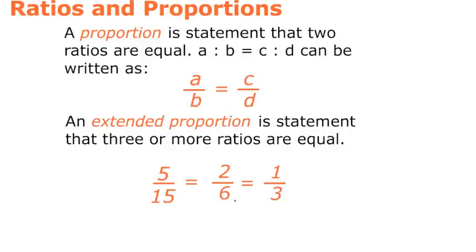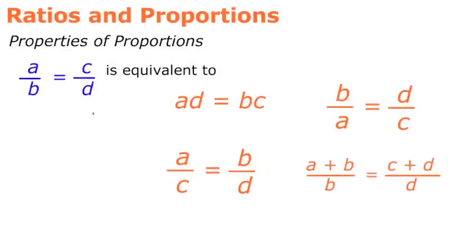So let's take a look at some more ideas and terminology related to proportions. Now that we've defined proportions, we can take a look at the properties of proportions. Here, given the proportion A over B is equal to C over D, we can conclude that it is equivalent to one of these four statements.